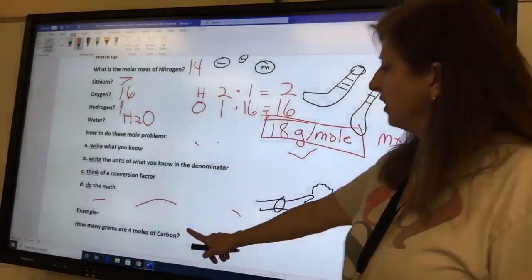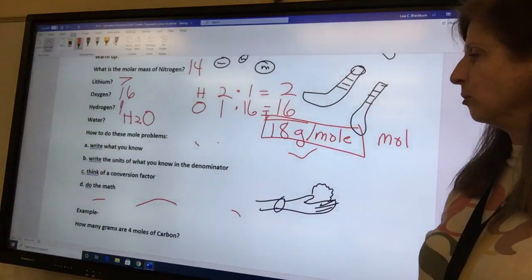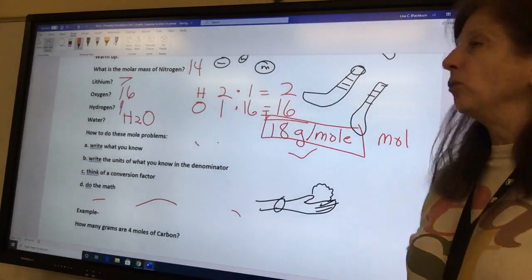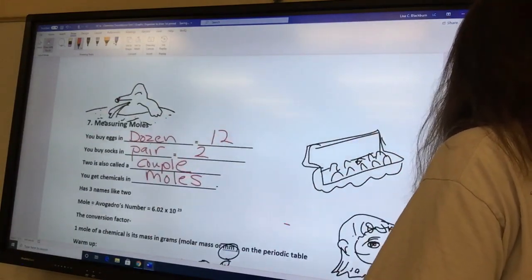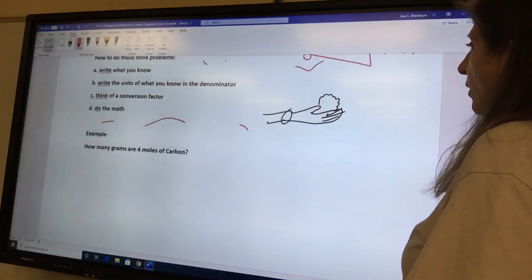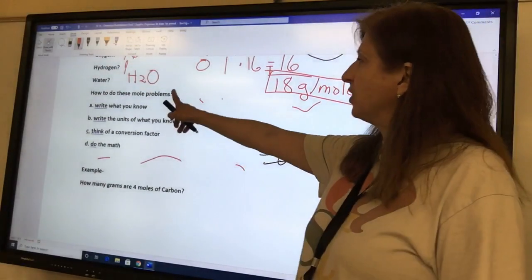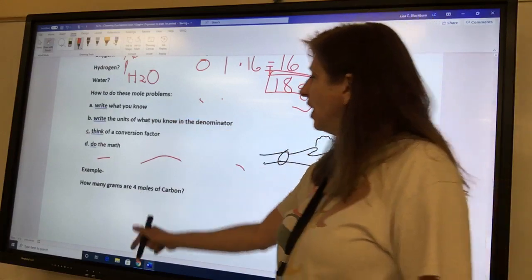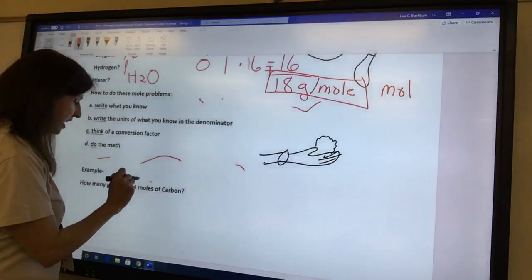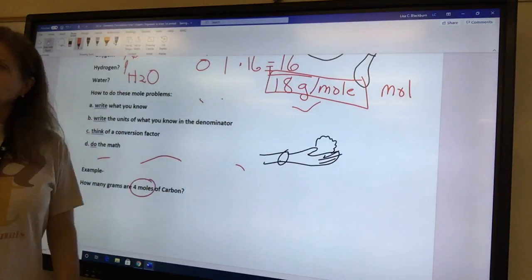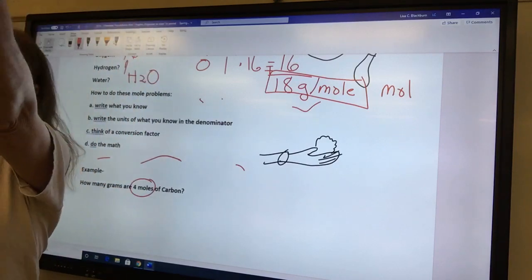Now, we're gonna do this problem. How many grams are in 4 moles of carbon? So this is how you do the problem. Write what you know. What you know is the number that you're given. So step 1, write what you know.